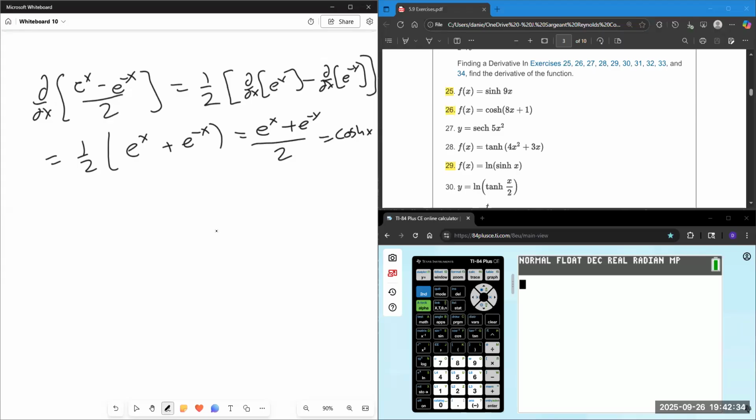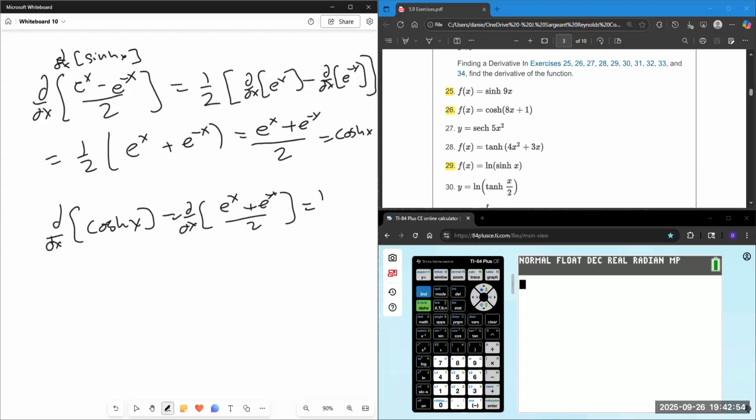That was the derivative with respect to x of sinh x. The derivative with respect to x of cosh x is the derivative with respect to x of e to the x plus e to the negative x over 2, which is 1/2 the derivative with respect to x of e to the x plus e to the negative x.